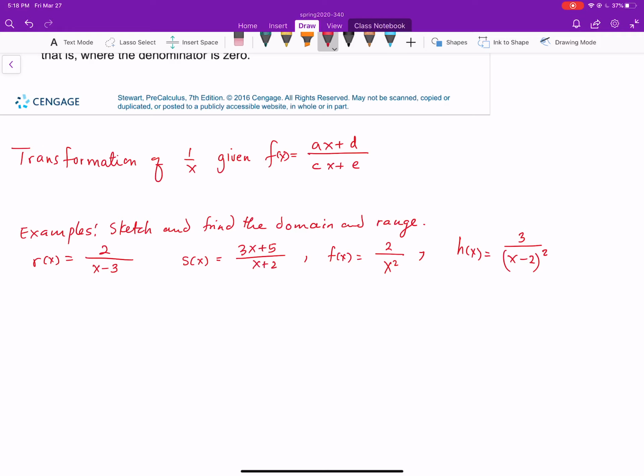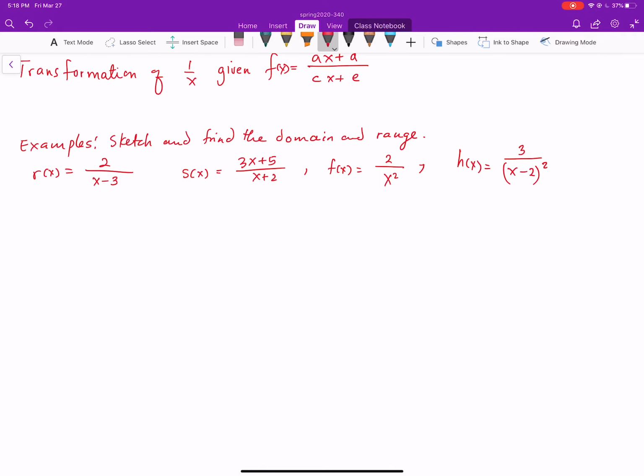So if we look at the very first one, it says r of x is equal to 2 over x minus 3. If I factor things out a little bit, this looks like 1 over x minus 3, which gives me a sense that this is a transformation of 1 over x.